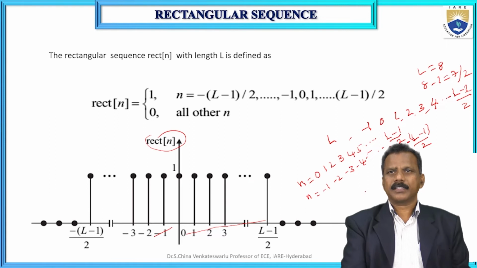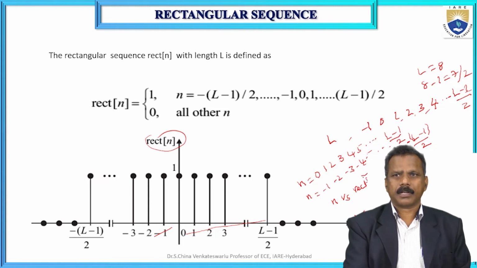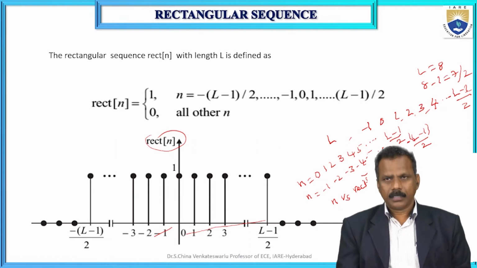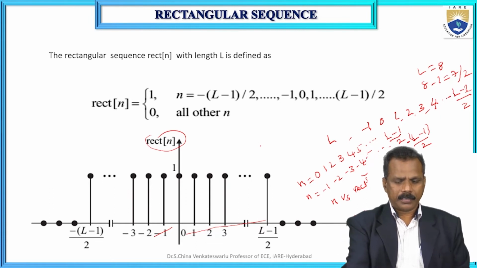So with the length L, it is defined graphically where n is on the x-axis and the y-axis is the rectangular sequence. The rectangular sequence is denoted by rect of n, followed by parentheses that usually let us recognize whether it is CTS or DTS, like x of n.